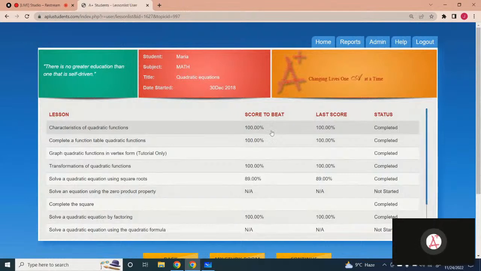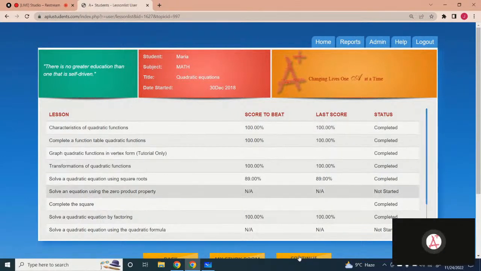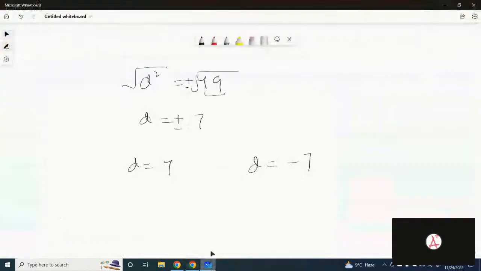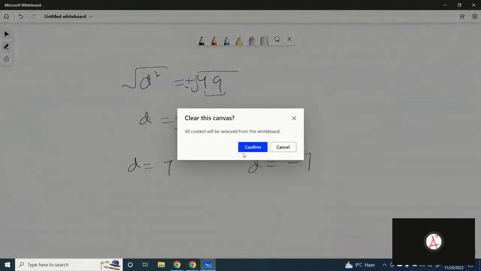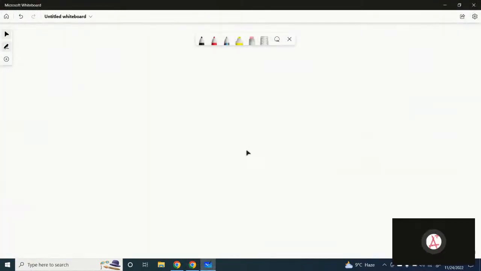Okay, the next topic is solve an equation using the zero product property. Okay, let me just write down the lesson name.